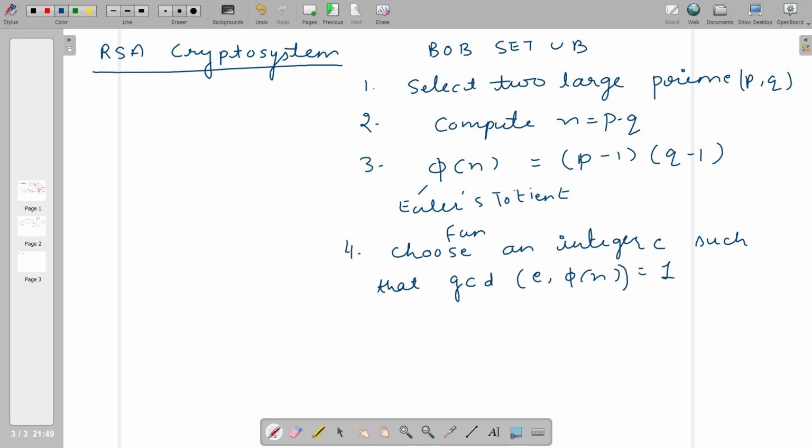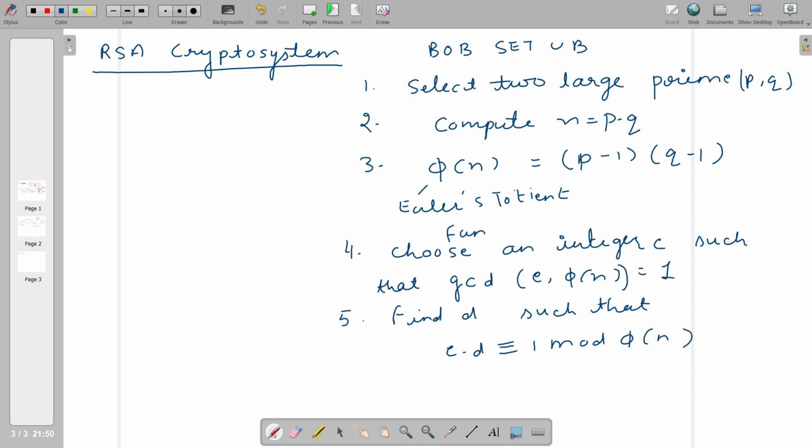Why do we need this? Because at decryption time we will need the inverse of E modulo phi N. So we will choose it like this. Now the last one is find a D, just for the inverse, find D such that E dot D is congruent to 1 mod phi N.